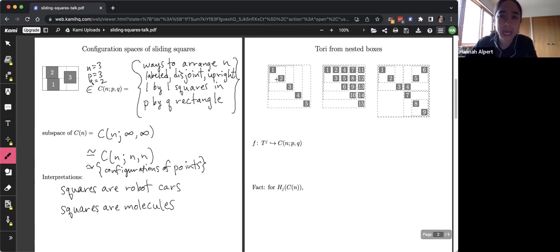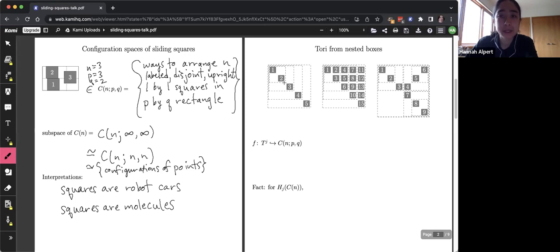So in this picture, what's happening, well, I made the squares look a little bit smaller than they really should be, just so that I could have room to show the boxes. But what happens is that we have two squares and they can go around each other in a larger square of size 2. So that's a circle's worth of configurations.